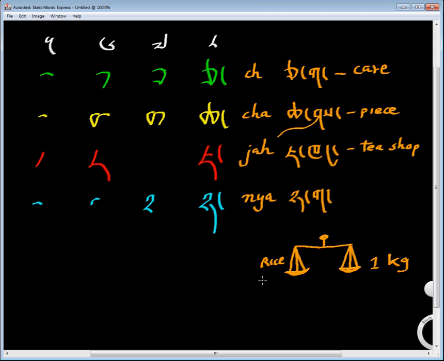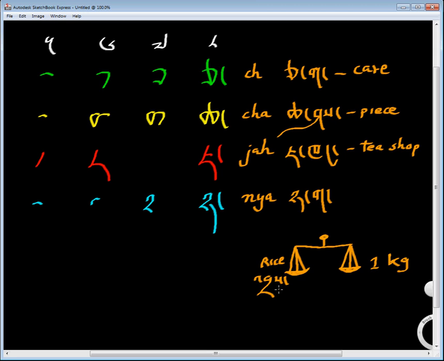And rice, actually I can write this in Tibetan, rice meaning de, and I think this is how you spell it.